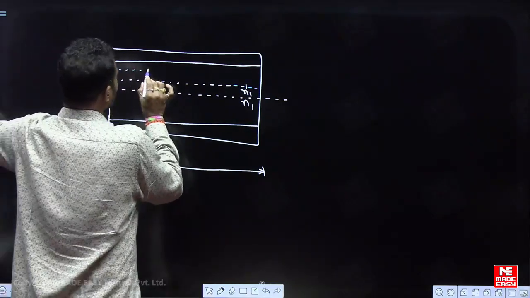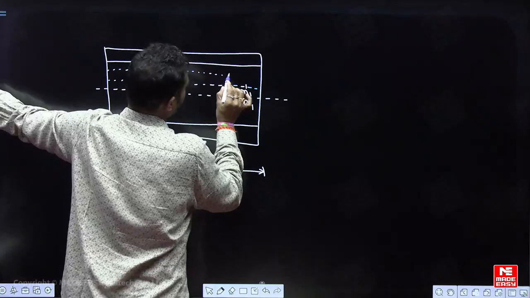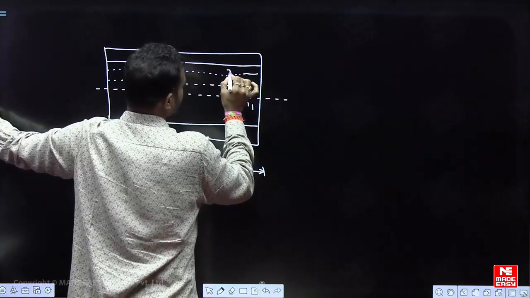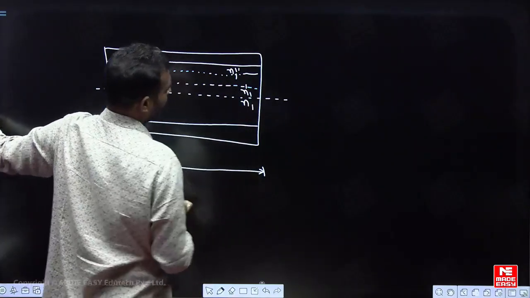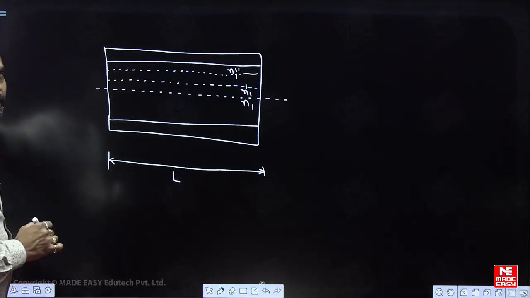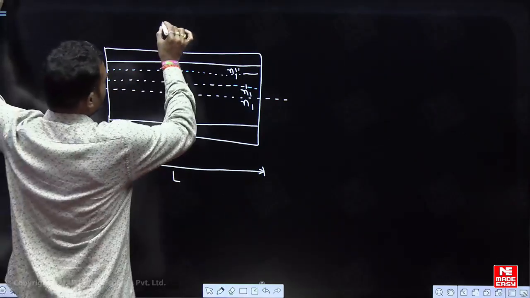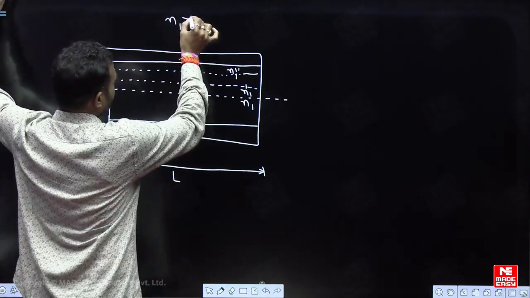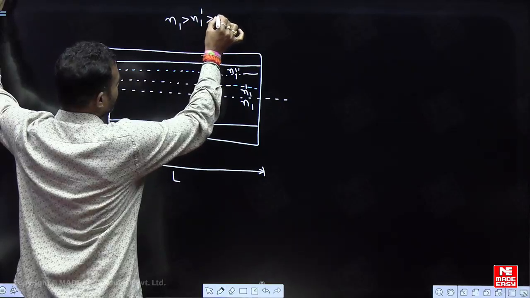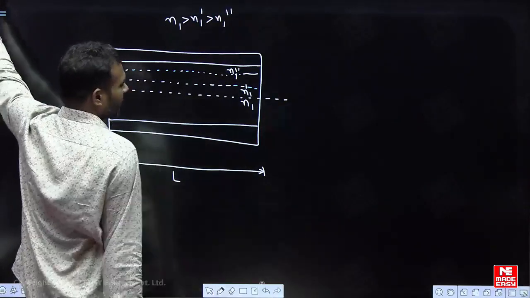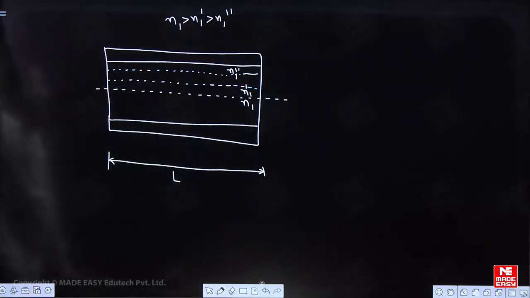And the refractive index simply decreases further as you reach the clad, N1 double dash. Then what is the condition? The condition is N1 is greater than N1 dash is greater than N1 double dash.